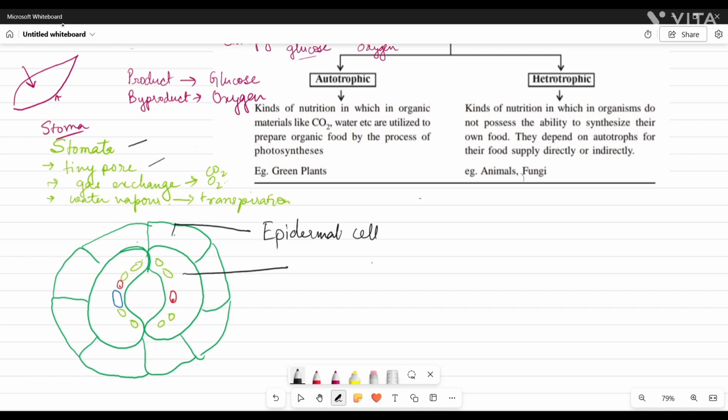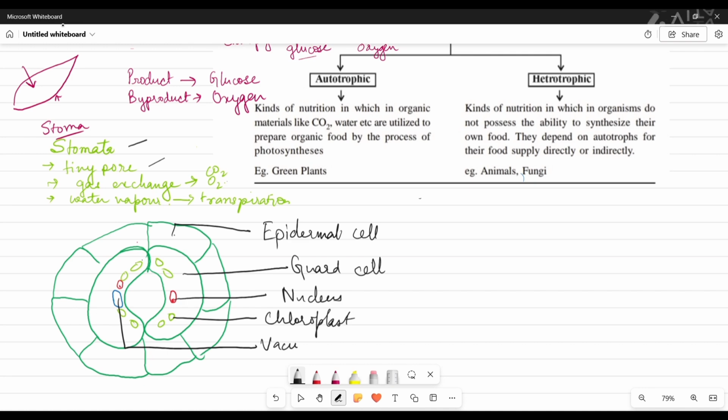These two are the guard cells. This is the nucleus. This is the chloroplast. This one is the vacuole. Right? So epidermal cell, guard cell, nucleus, chloroplast, vacuole.